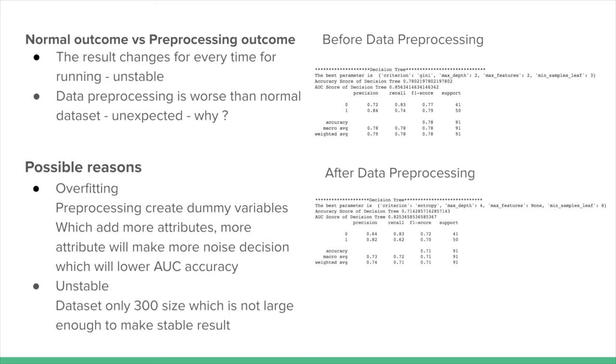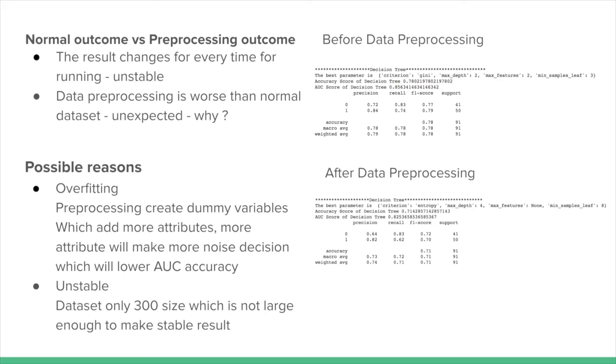And we also find that the model with data processing has a lower accuracy score than without data processing. It is unexpected. Why? I think there are some possible reasons.